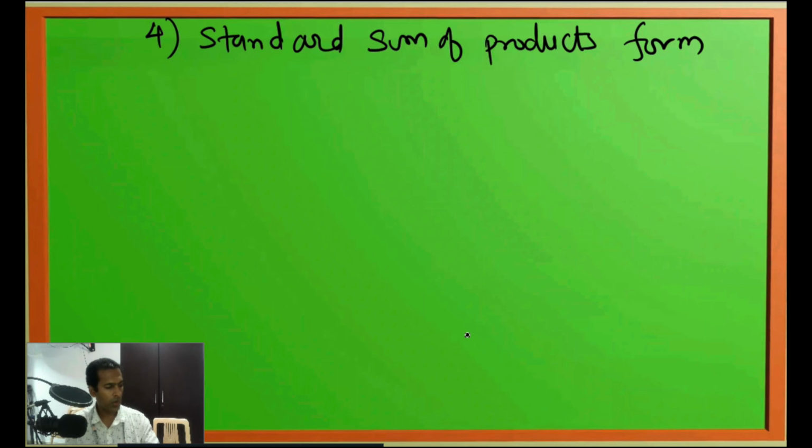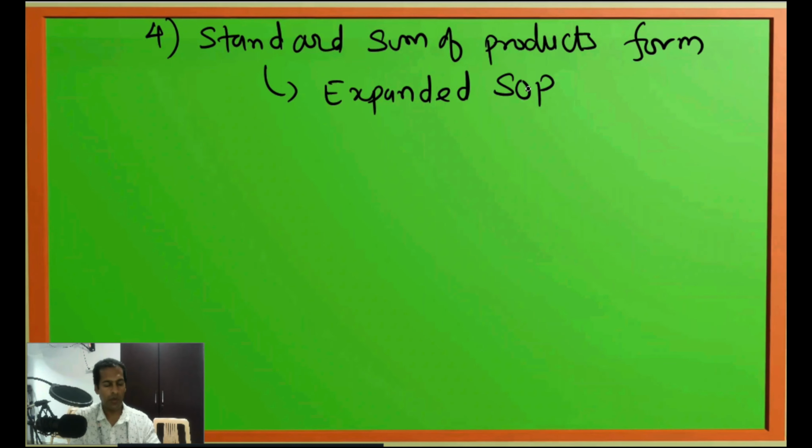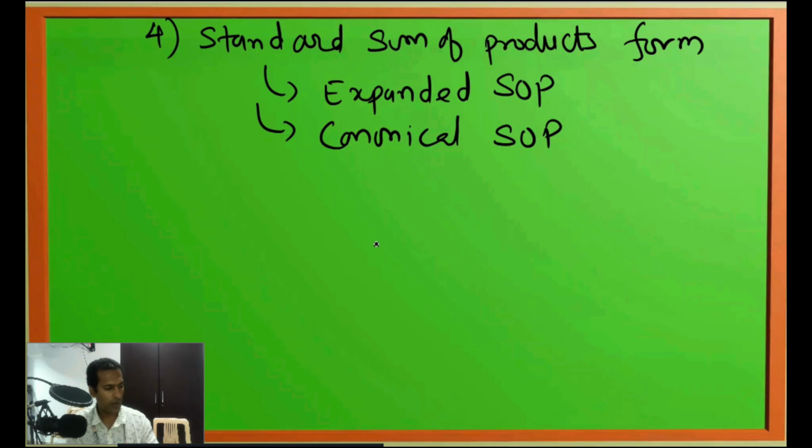So this form is also called as standard DNF, as we discussed earlier, and it is also called as expanded sum of products form, or it is also called as canonical standard sum of product form.